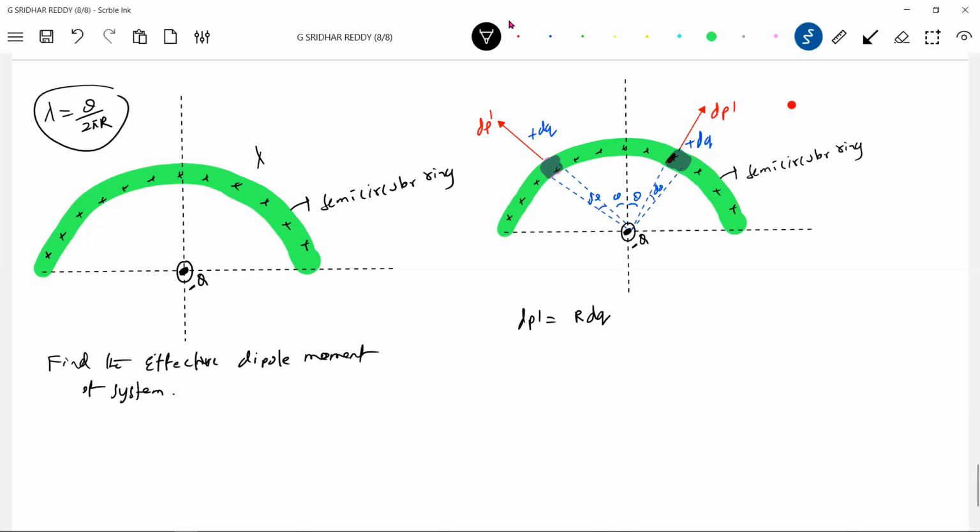The total charge on the semicircular ring should be equal to the positive charge. If this amount of charge is different, this cannot be a dipole. I just brought this condition so that students can see this. Sir, what is the reason? See, to be frank, there are no such dipoles of this kind.